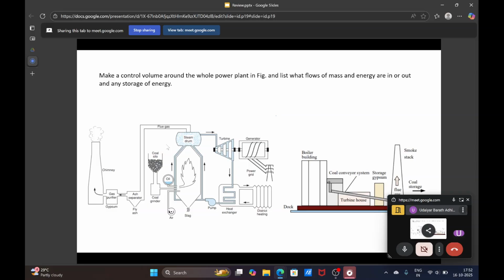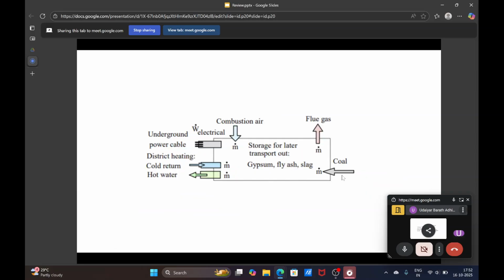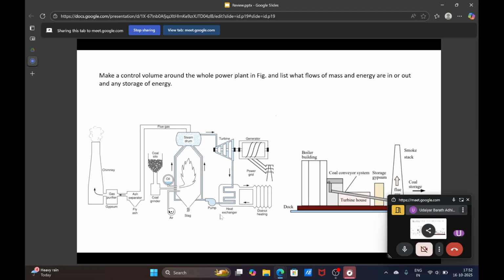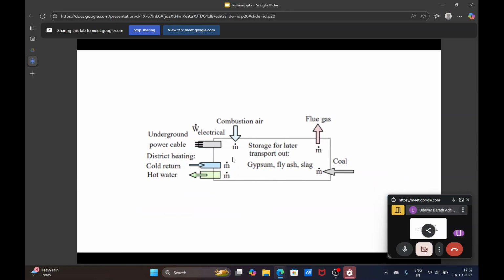And then we saw how any big process can be made into a small system, and we just take note of the state of the system and what kind of mass or energy is coming in or going out. Any big process can be converted into a system, and with the components of energies and mass flow rates, it becomes easier to analyze.